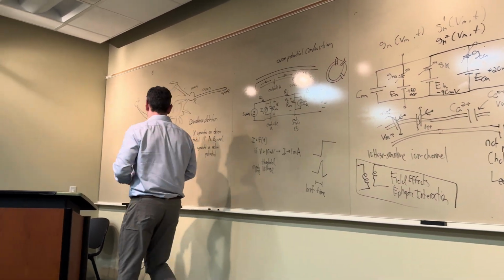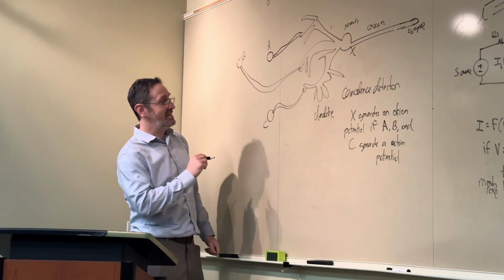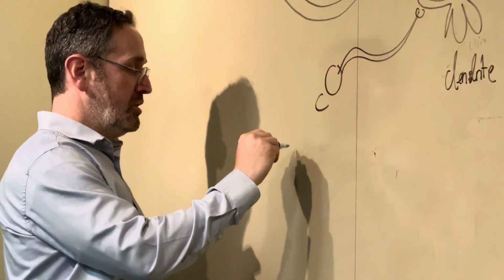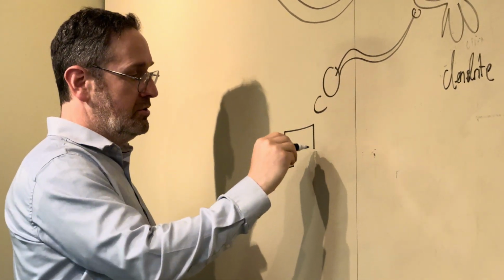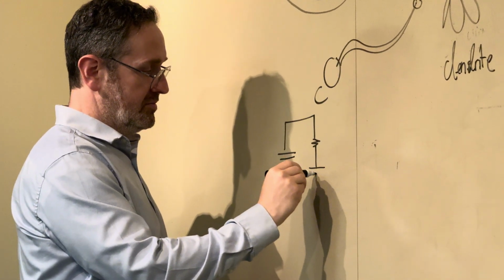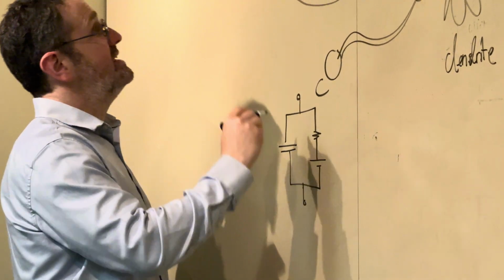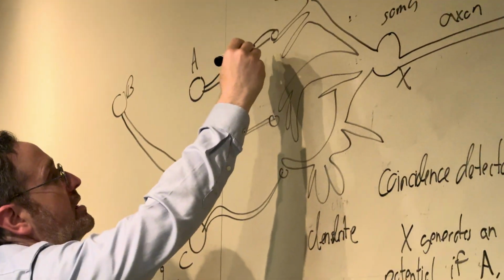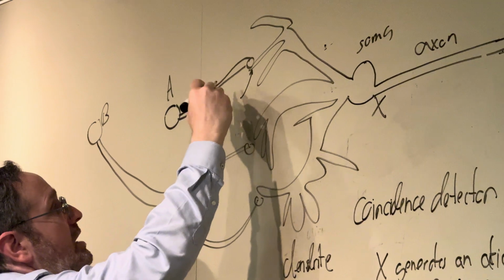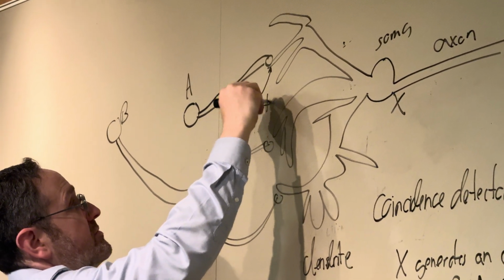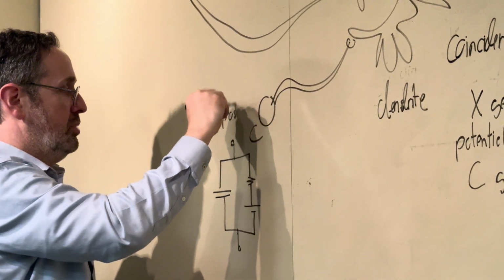This is how you model it. We would take A and model it exactly like we modeled it before. I'll call it the A post. It's that compartment right there. This is A post.